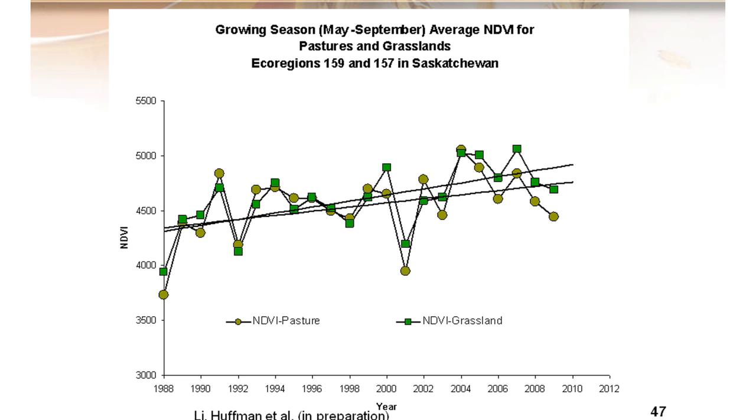It shows that if we start at 88 and go to 2012, our grasslands, in both semi-arid and parkland areas of Saskatchewan, the NDVI has been increasing over that time, despite droughts and whatever, which is interesting. That includes community pastures, PFRA or AAFC community pastures, which will soon be gone, as well as the surrounding grassland, both going up.